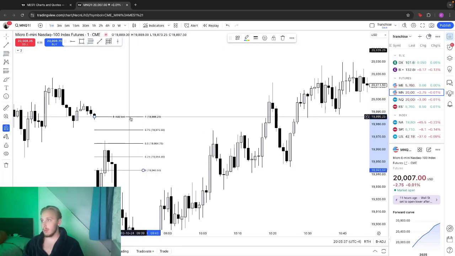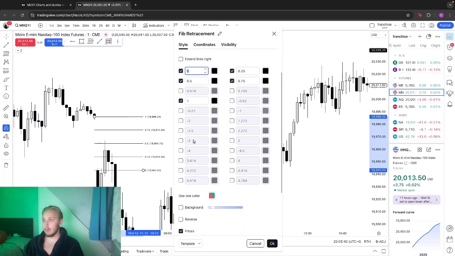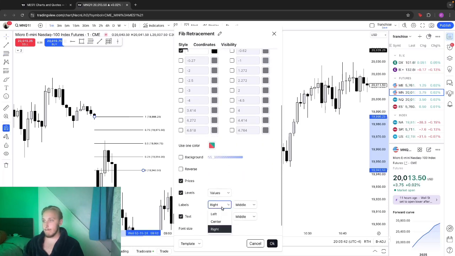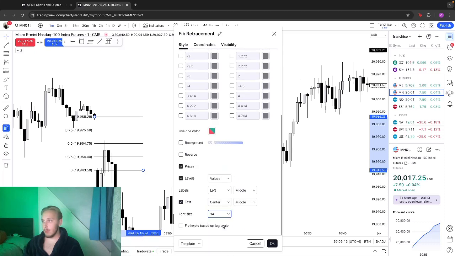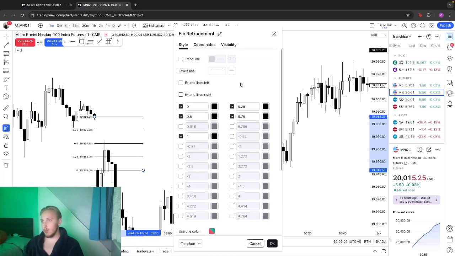Let me actually put this on the left. I feel like it might be cleaner. That's ugly. That's alright, I suppose.